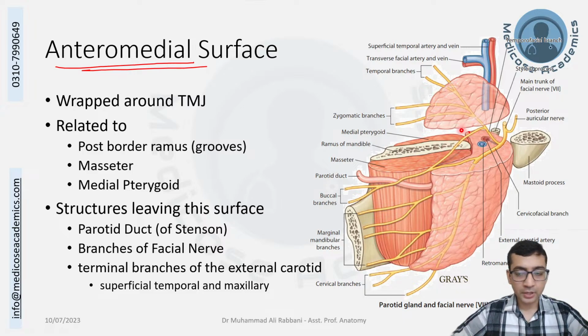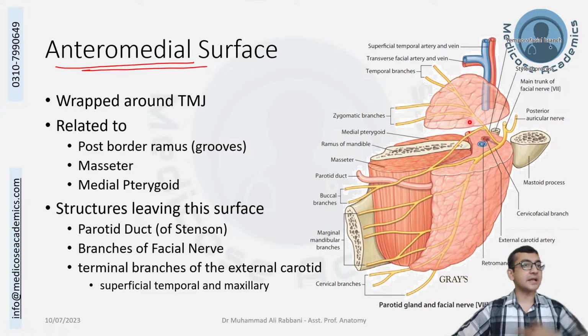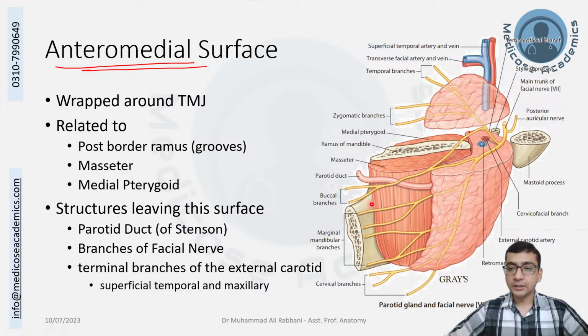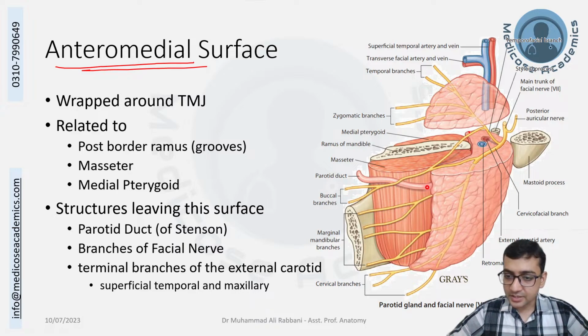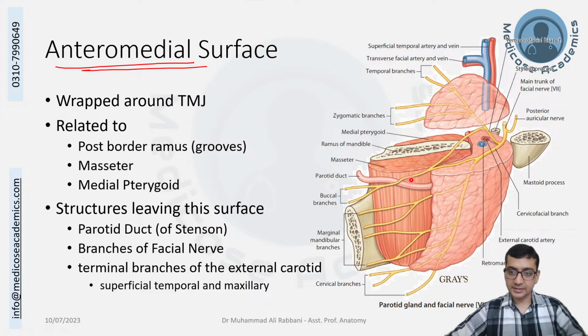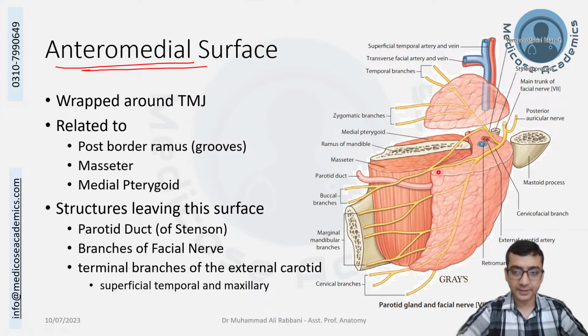What else is related to the anteromedial border are the things that are exiting the parotid gland. That includes the parotid duct of Stensen, exiting from this surface on the surface of the masseter, and the five branches of the facial nerve: the temporal, zygomatic, buccal, marginal mandibular, and ultimately cervical branches.